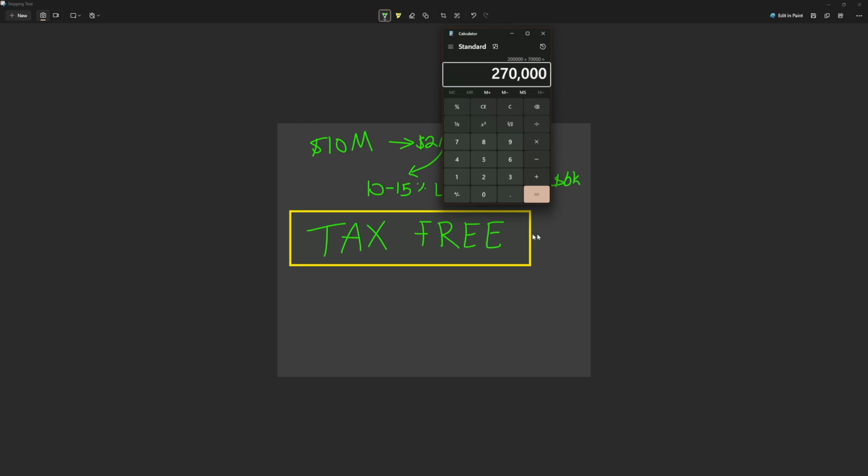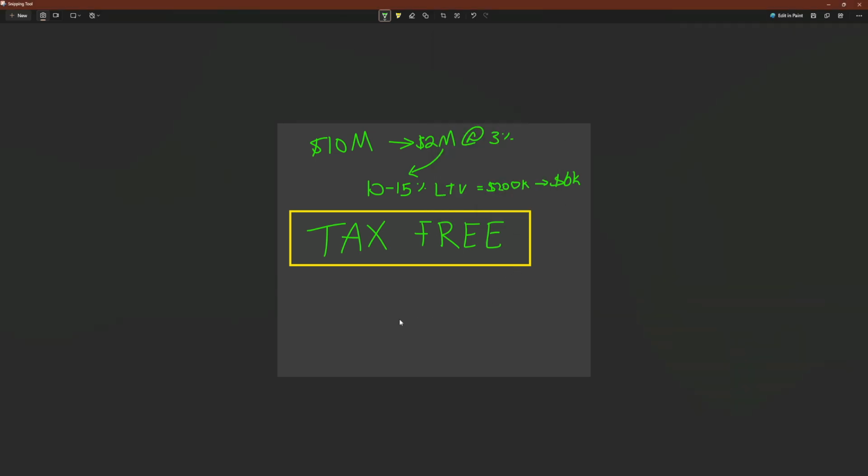You're looking at 70K. So the IRS gets 70K of your 200K profit. I'm not happy with that. I don't like that at all. I could pay less than 10% of that with an SBLOC, and without having to do all that work.